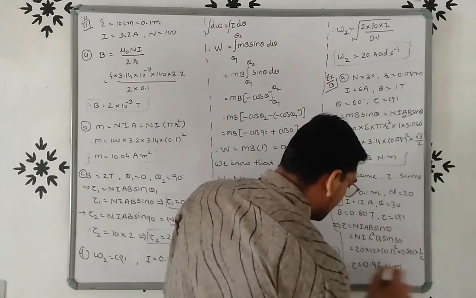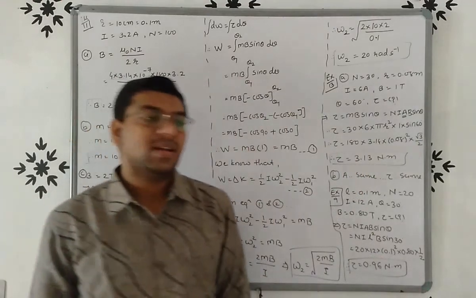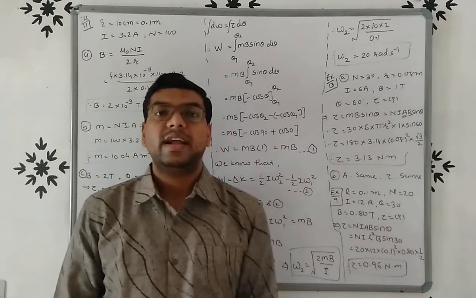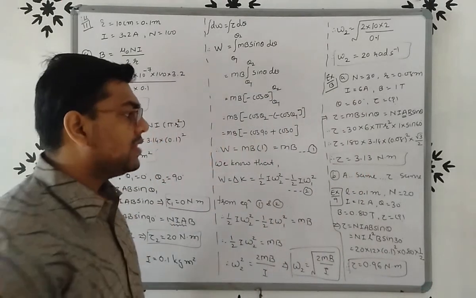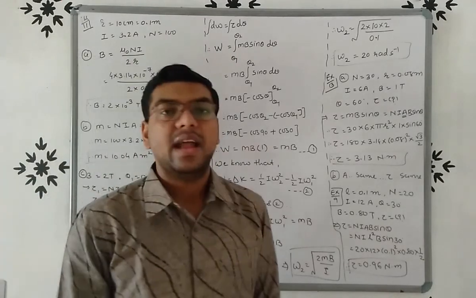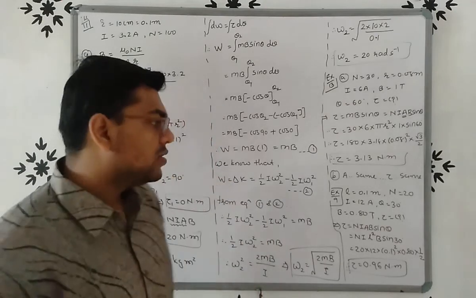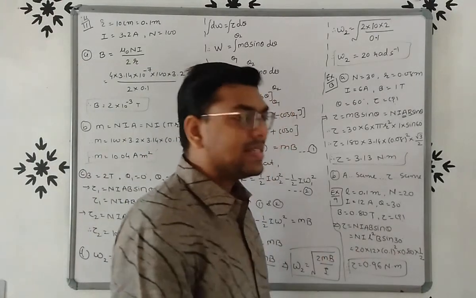Newton into meter. So once again, this is the same example as the previous one, right? So here square coil is given, number of turns, length, current, angle theta and magnitude of magnetic field are given. We have to find out torque. So we use the formula torque tau is equal to NIAB sin theta.